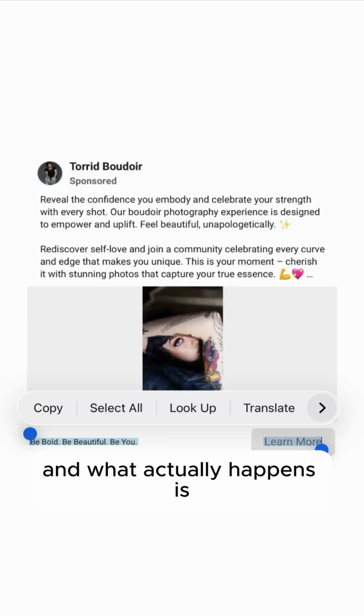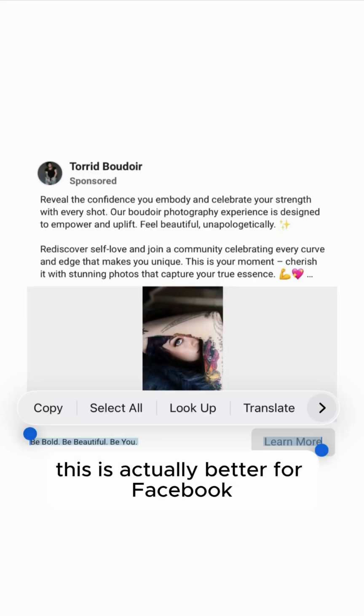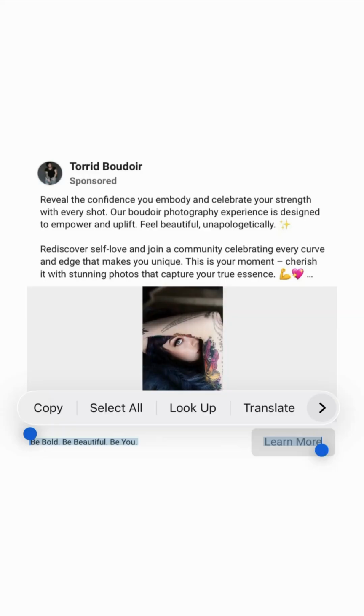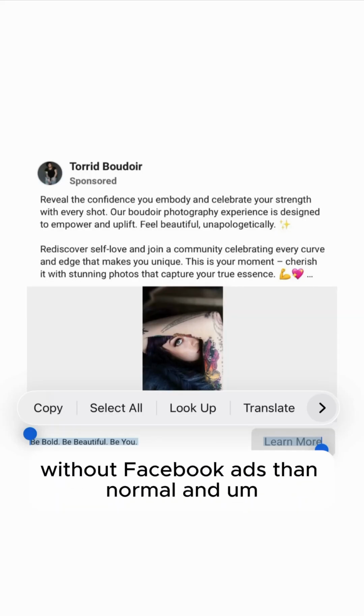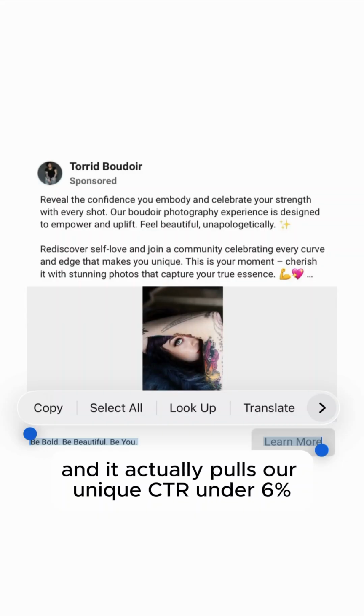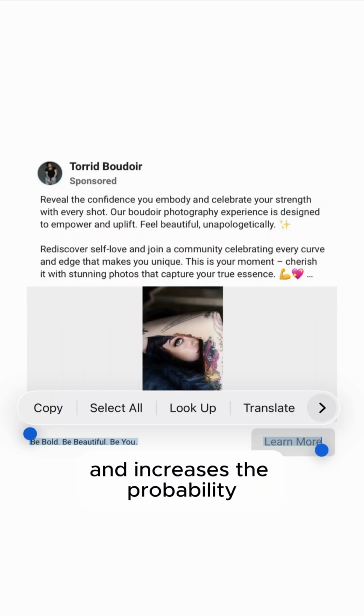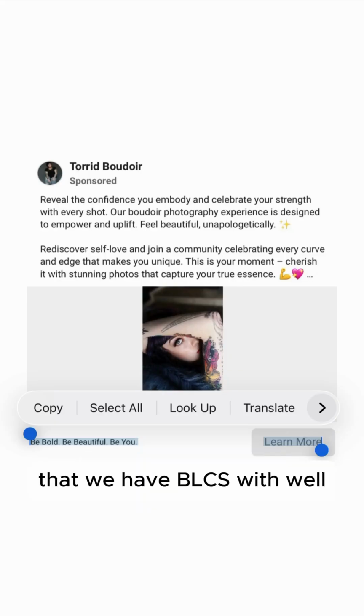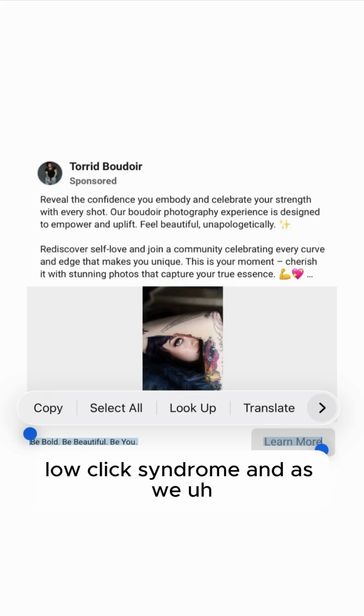And what actually happens is this is actually better for Facebook. So it's worse for us. It causes way more women to scroll by our Boudoir Facebook ads than normal, and it actually pulls our unique CTR under 6% and increases the probability that we have BLCS, Boudoir low click syndrome.